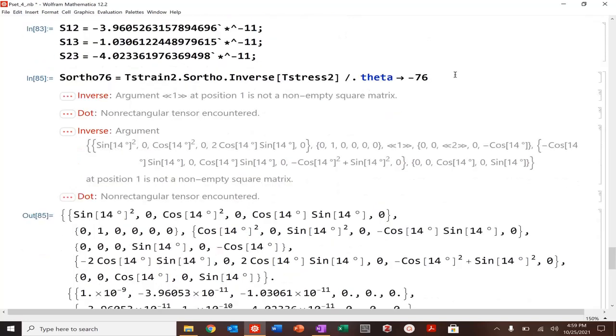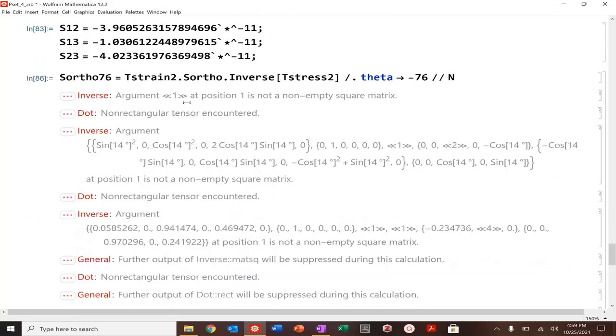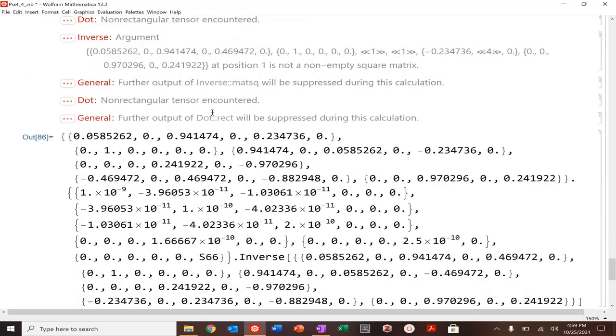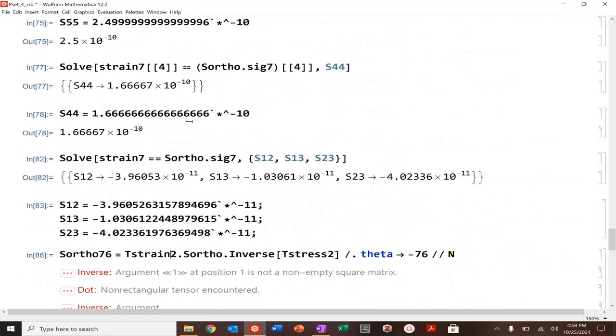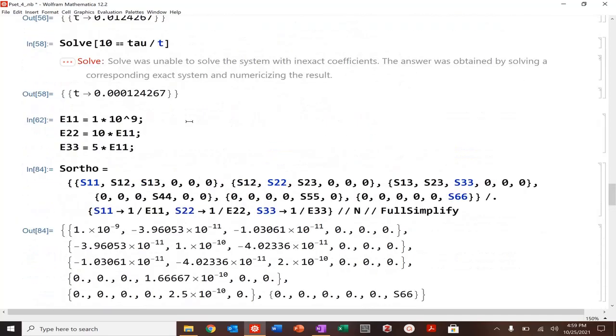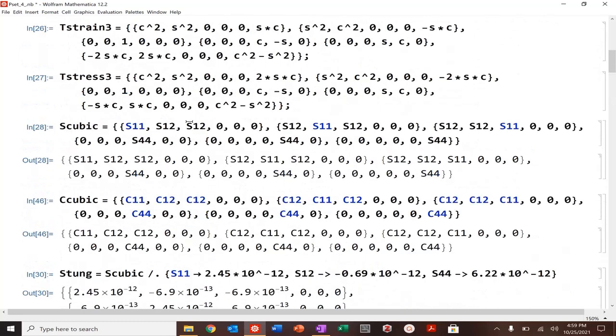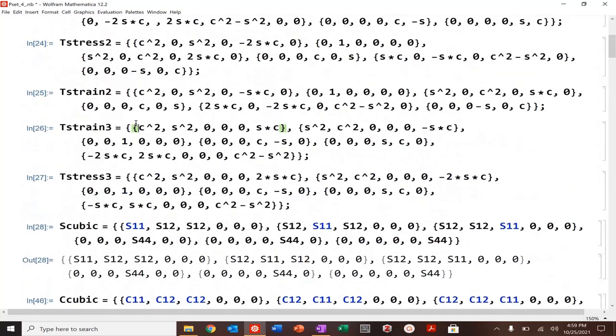Let's look at this numerically. Oops. T strain 2 dot inverse. I think I may have made a mistake somewhere. Let's look at my S ortho, should be fine. Whenever you're debugging this, let's go ahead and look at T stress 2, T strain 2.